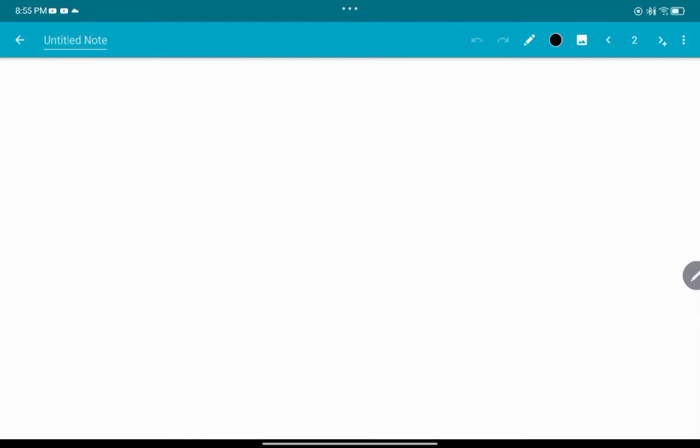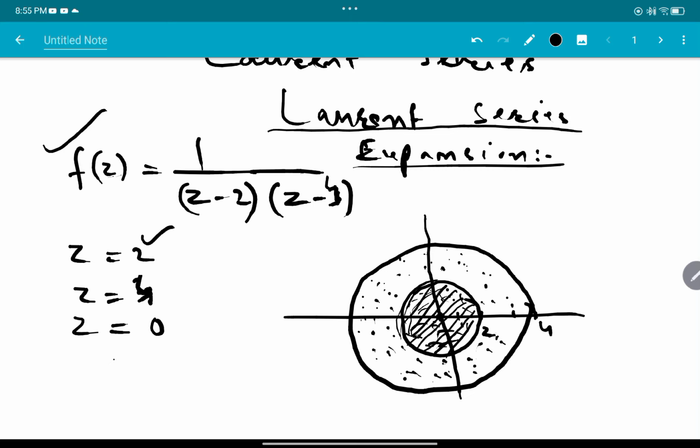There is one more thing that I should mention. Actually, there are three regions. One region is this, where we applied our Taylor series expansion. Another region is this annulus. Then the third region is beyond this, up to infinity.